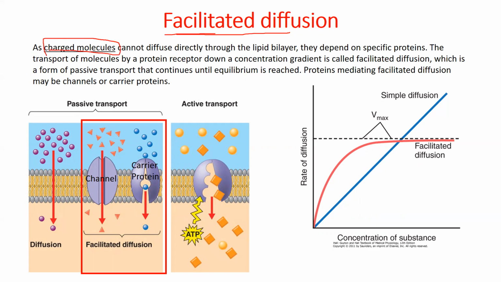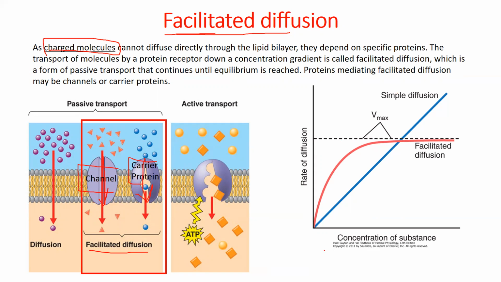So charged molecules, they don't cross the lipid bilayer, so they need the help of proteins to move from the area of high concentration to an area of low concentration. So facilitated diffusion doesn't require energy, but these molecules do need the help of proteins to move to inside or outside the cell, okay? And so these proteins can be either a carrier-mediated protein, as we will learn in a second, or an ion channel.